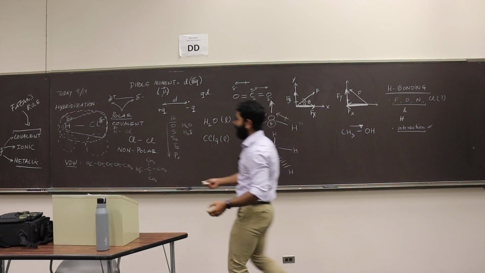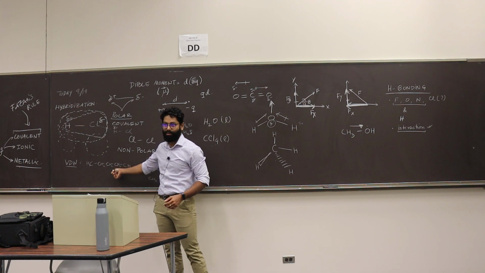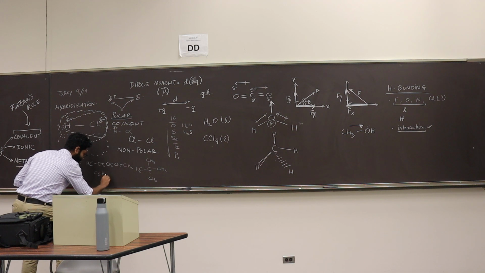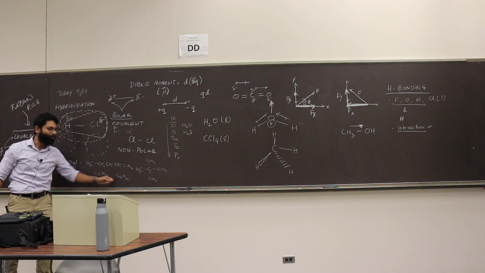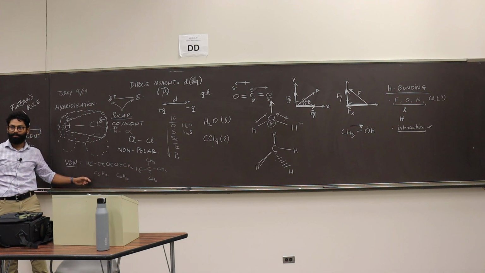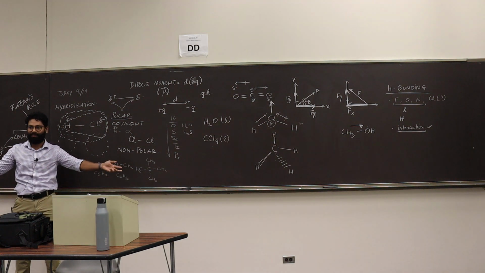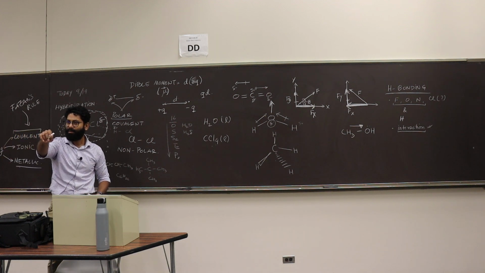Now, pentane, which is C5H12, versus if you have C10H22. Which of these will have more boiling point? The C10. Why? It's just more mass. More, sorry? You say more surface area for that?